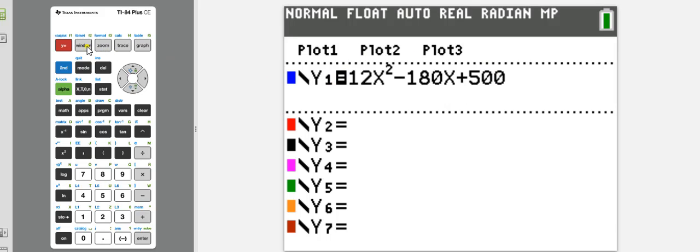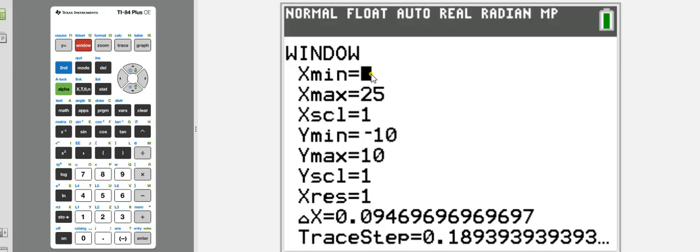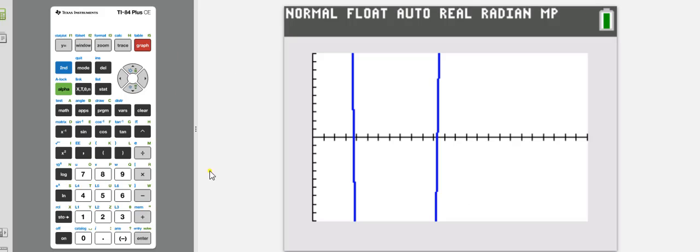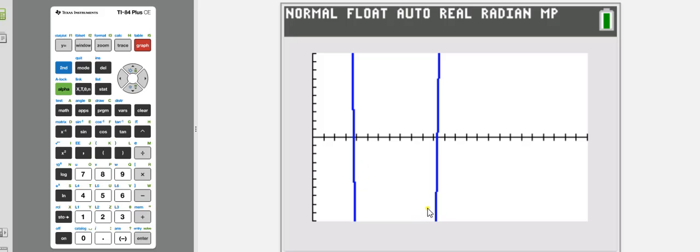Before you do that, set your window from 0 to 25, because the largest x value can be 25 and the smallest x value can be 0. So let's graph this. Again, this is a graph of V prime, the derivative of volume V. Now we have two critical points here.